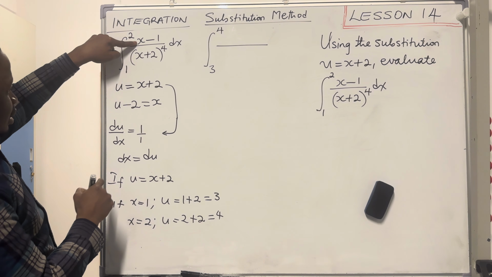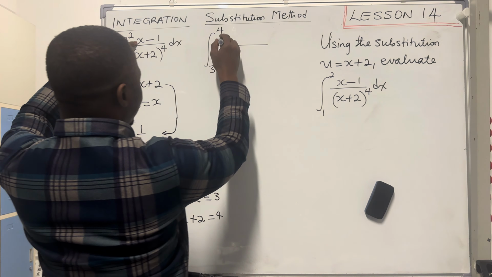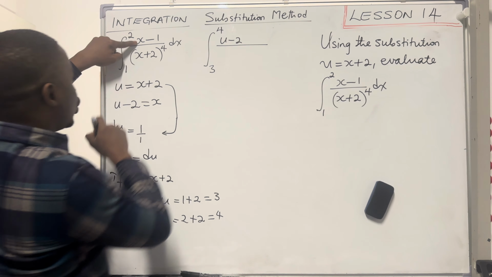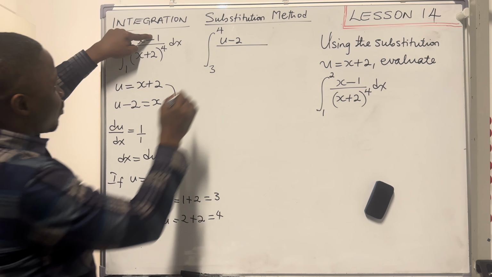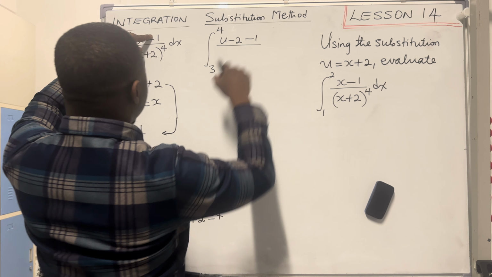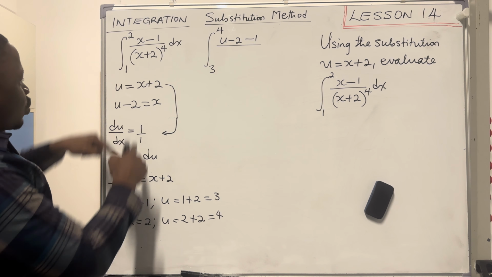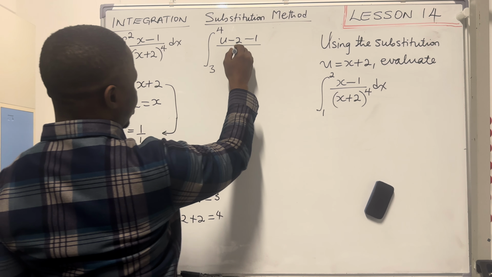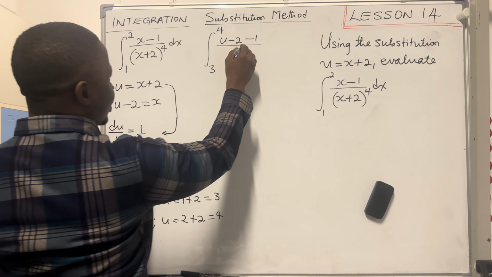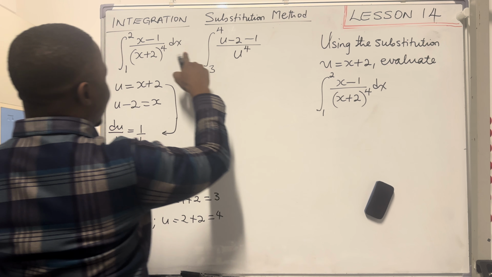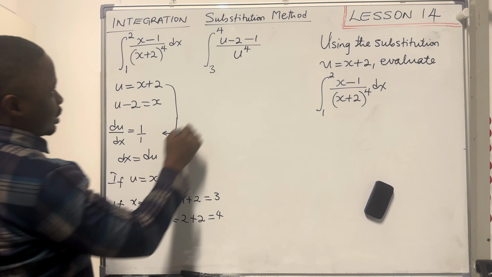What is x? x is u minus 2, just for x, and we have minus 1. What is x plus 2? x plus 2 is u. How about the power 4? It is this one. How about the x? The x is the u.